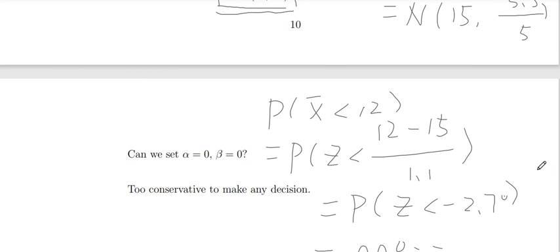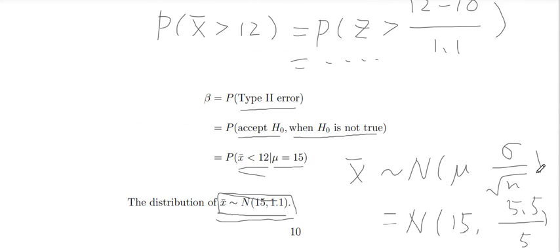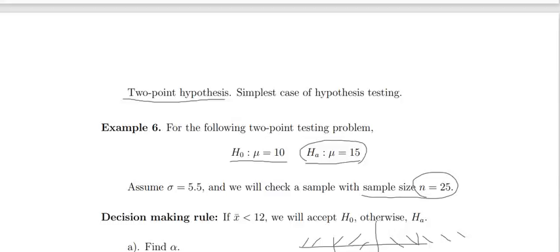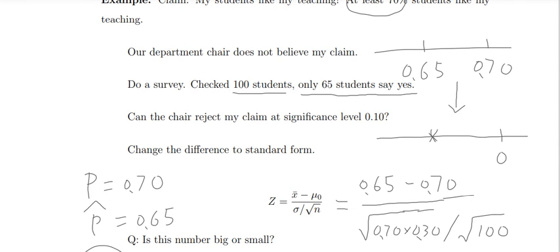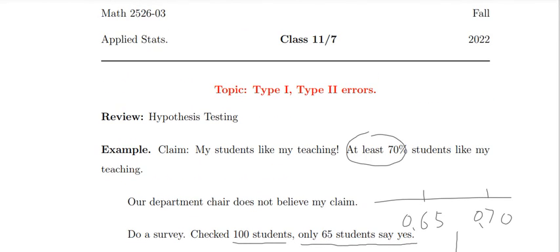Okay, so we finish today's topic, which is type 1 and type 2 error. Once we have a decision making rule, once we have a cutoff point, we can find alpha with this rule.